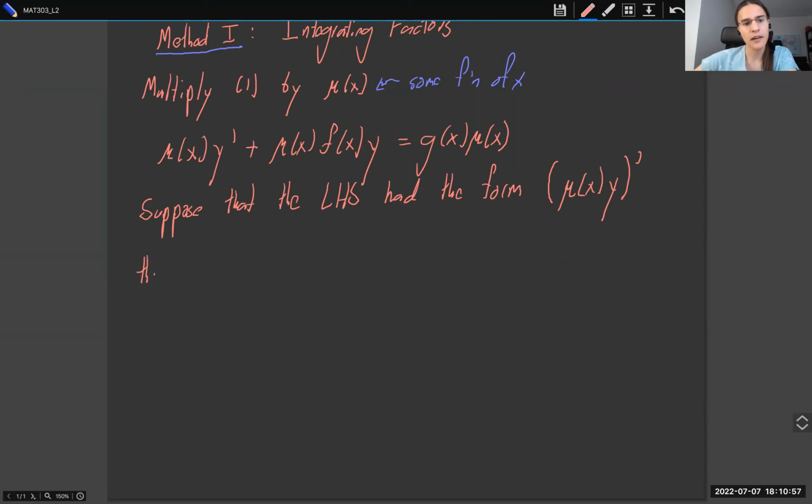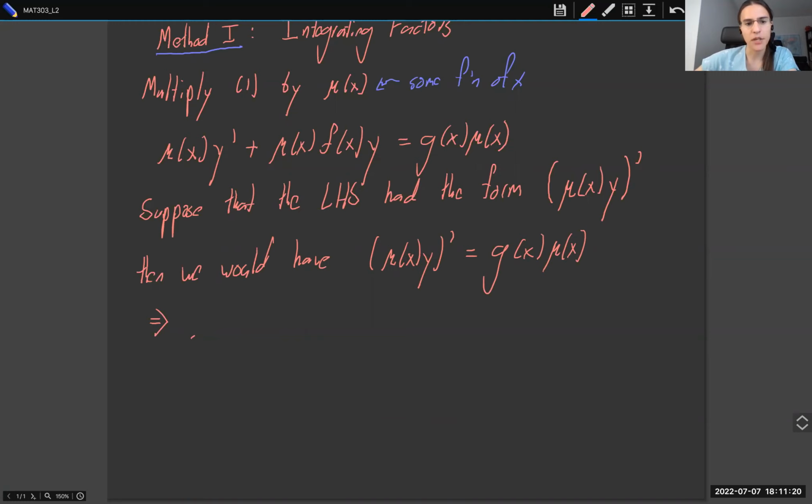Then we would have that the derivative of mu of x times y was equal to g of x mu of x. And integrating, well, we know how to integrate a derivative, and this is just an expression of x.